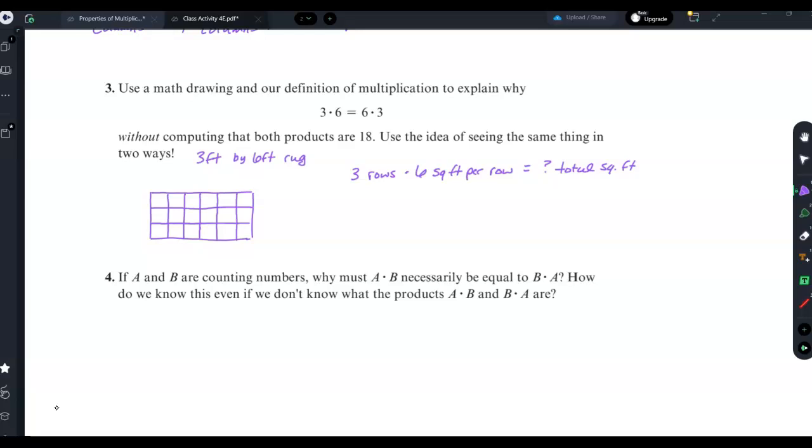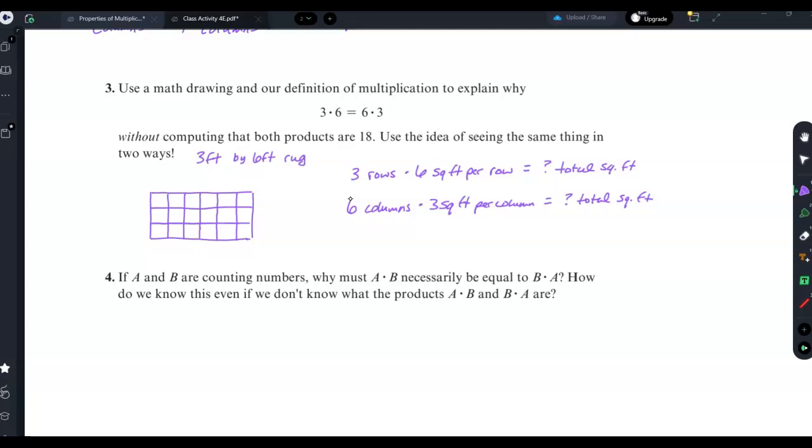And then if you rotate it or view it in terms of columns, we could also say that that's 6 columns times 3 square feet per column. And that again would give you the total number of square feet, or the total number of squares in that array, or if you use stars or dots or whatever you used.